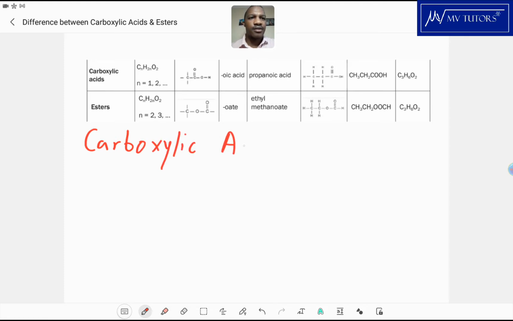Carboxylic acids. So these are just acids, but they are carboxylic. There are different types of acids. What makes these ones carboxylic is the functional group, which has carbon in it.